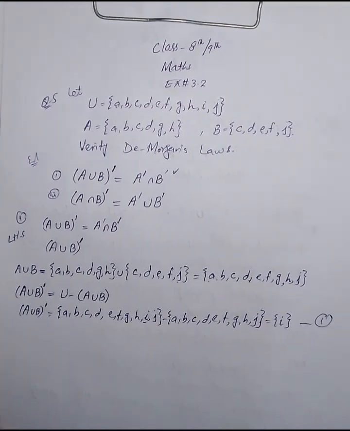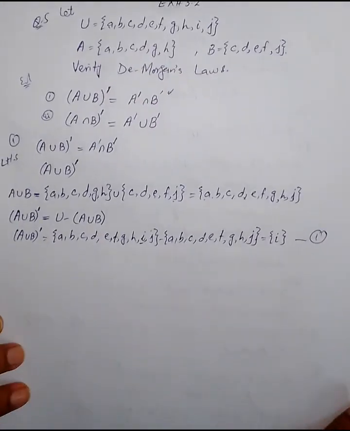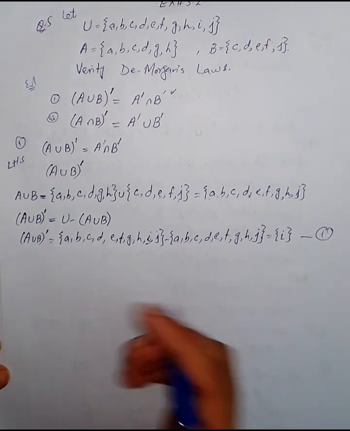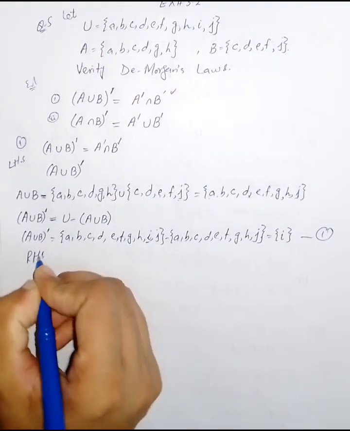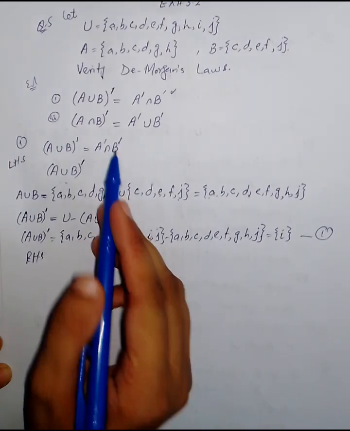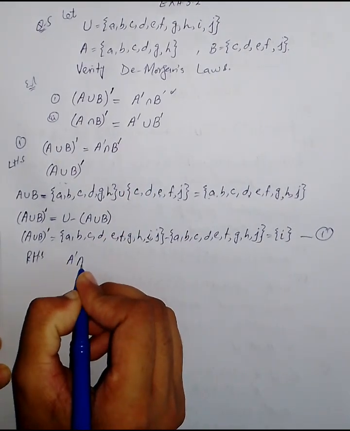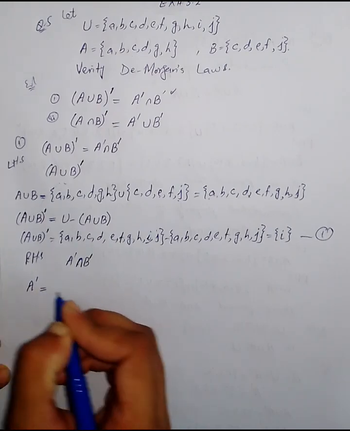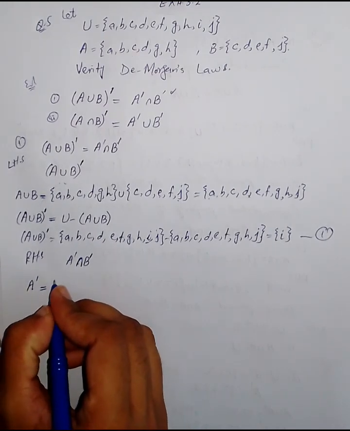Now come towards the right hand side, that is A complement intersection B complement. So firstly we have to find the complement of A and the complement of B. What is the complement of A?